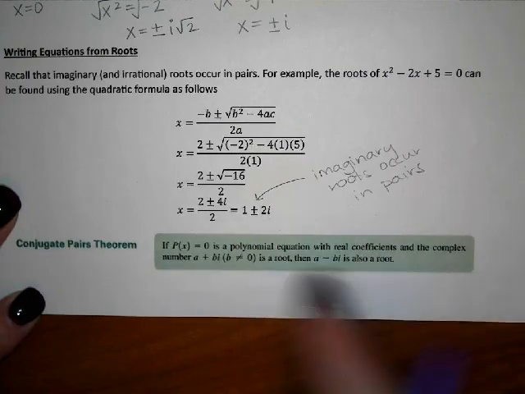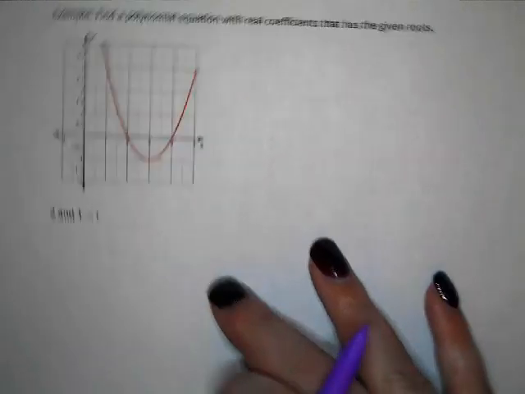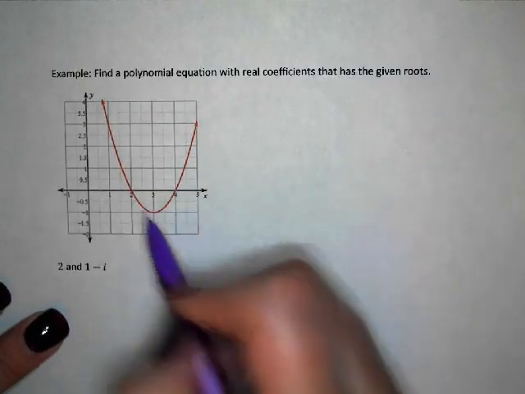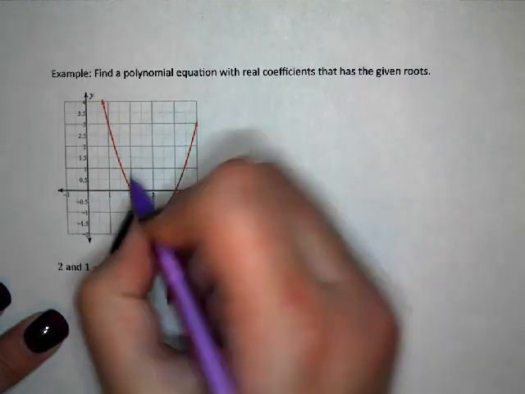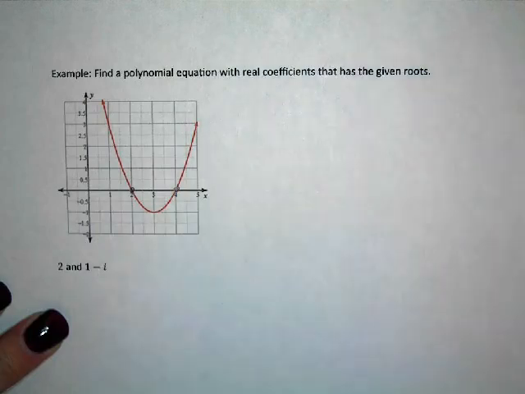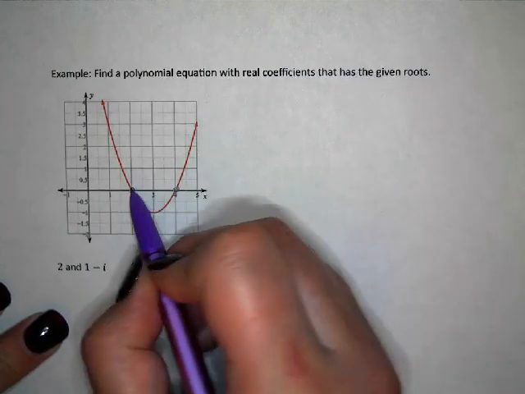So let's go ahead and use that idea to try to write some polynomial equations. So here's the first one. We're just going to make sure that we remember how to look at a graph and be able to tell how to write the equation out. So here, if we have a root of positive 2, when we write it inside the factor or inside the parentheses, we would write x minus 2.